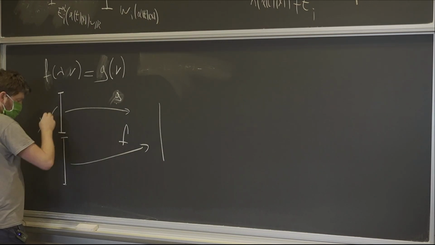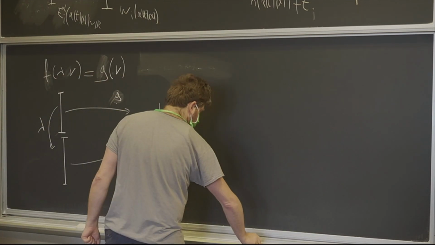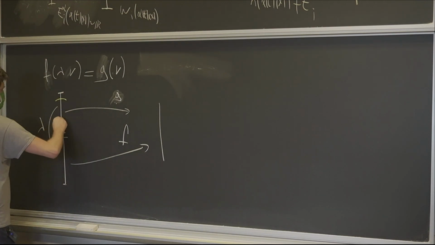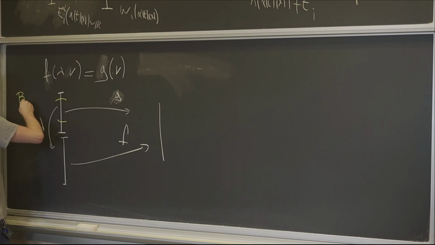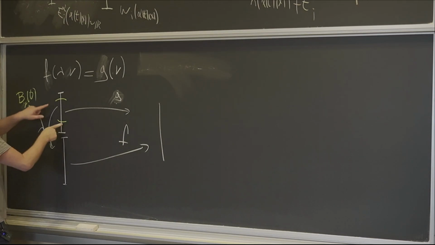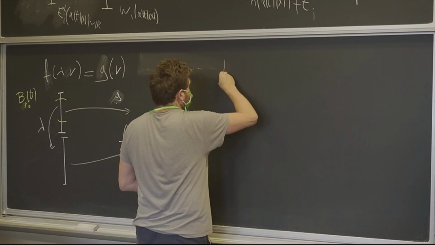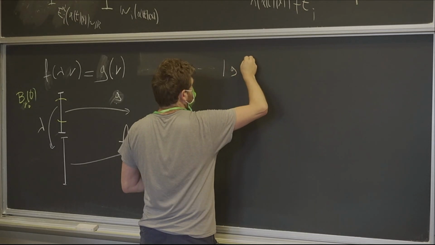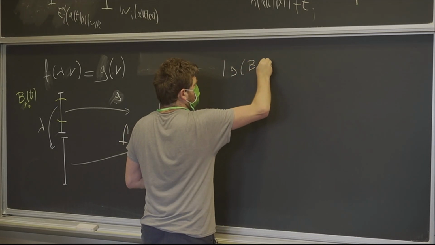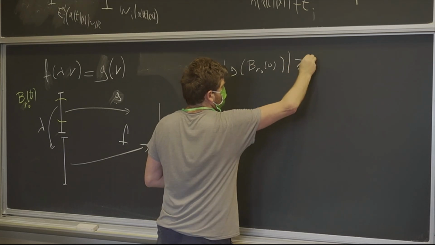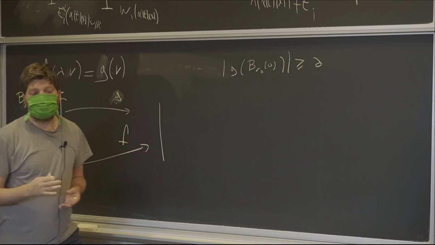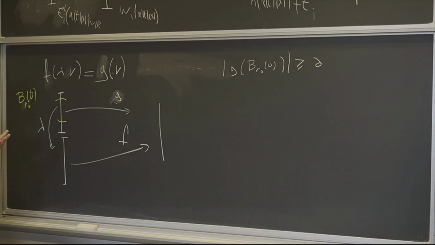So I have this ball B_R0 of 0 interval here, and I know that the length of G of it is larger than some number A, which is fixed.